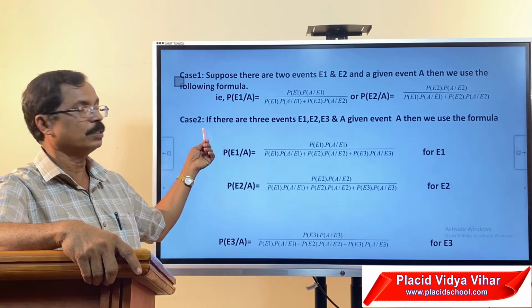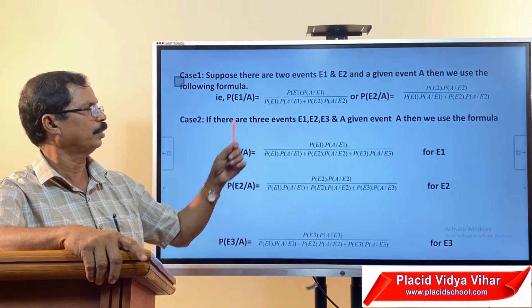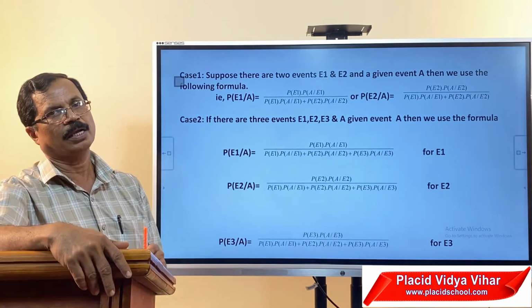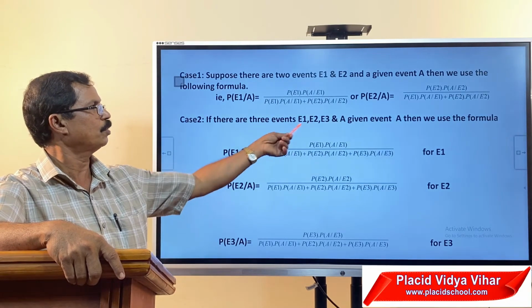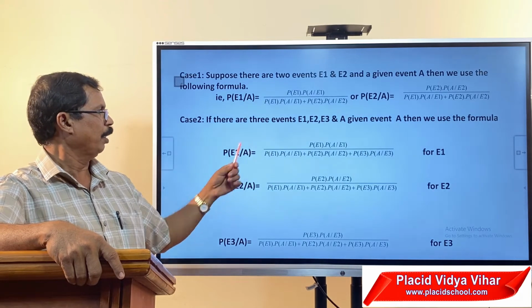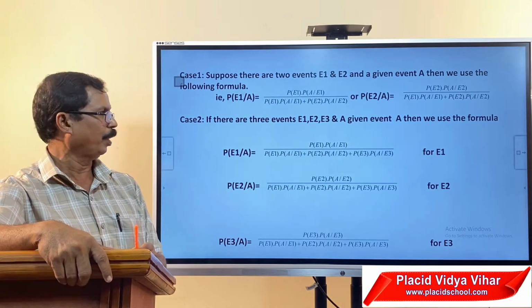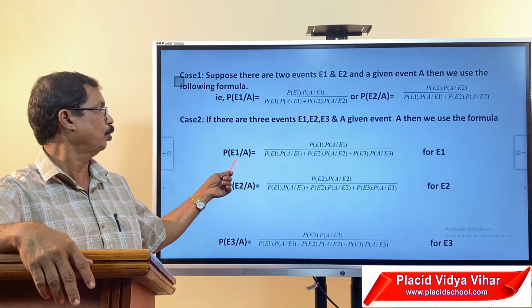Now let us suppose sometimes there may be 3 events. Then E1, E2, E3, and capital A is the event already happened. So that is the case of the third one. In that case, P of E1 given A, then what is the probability of E1?